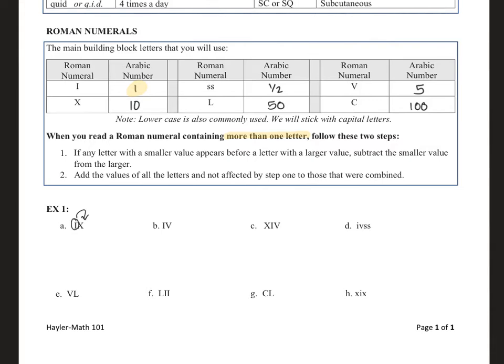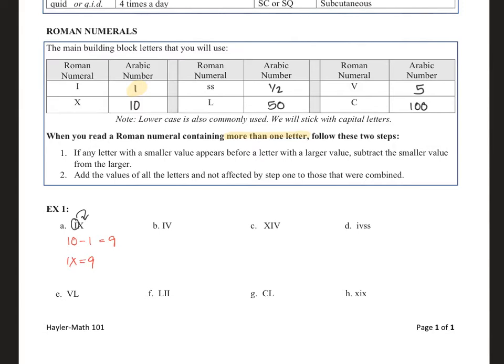Okay, so because the smaller one comes first, we're going to go ahead and do that subtraction. So X is 10. And then we're going to subtract the smaller one value first, so it's 10 minus 1, which is going to equal 9. So IX is 9. Another way of thinking of it is it's saying we want 1 less than X.